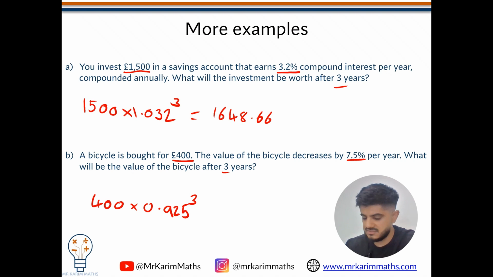Again, 3 years. No pattern there, it just so happens to be 3 again. £316.58. It's that simple. I can't make it any easier than that. Right, moving swiftly on.